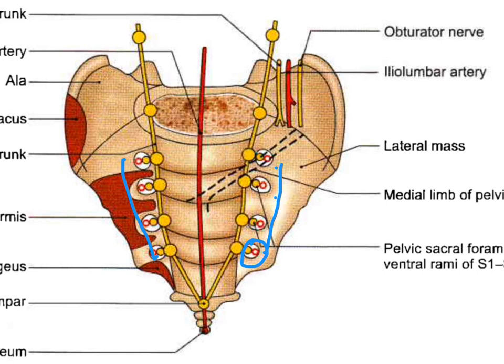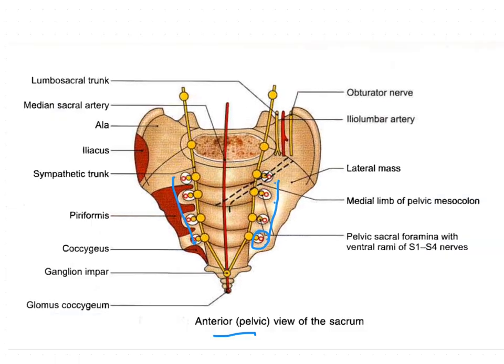The nerve is nothing but the primary ventral ramus of the sacral nerve. So 4 pairs of ventral rami of the upper 4 sacral nerves and also a branch of the sacral artery.